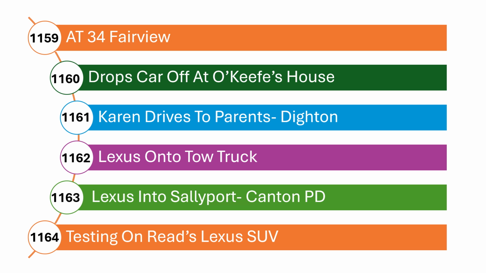Then 1161, if she did not drive her car at any other time during this period, she drives to her parents' house in Dighton. 1162 would be Karen's Lexus being driven onto the tow truck at her parents' house in Dighton. 1163 would be the Lexus driving into the Sally Port after getting off the tow truck at Canton PD. And then 1164, testing on Reed's Lexus SUV.